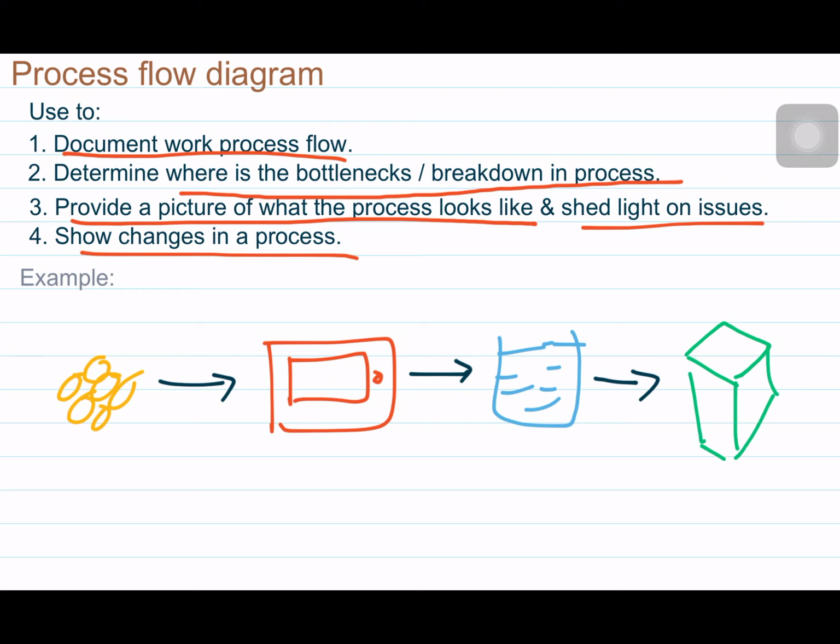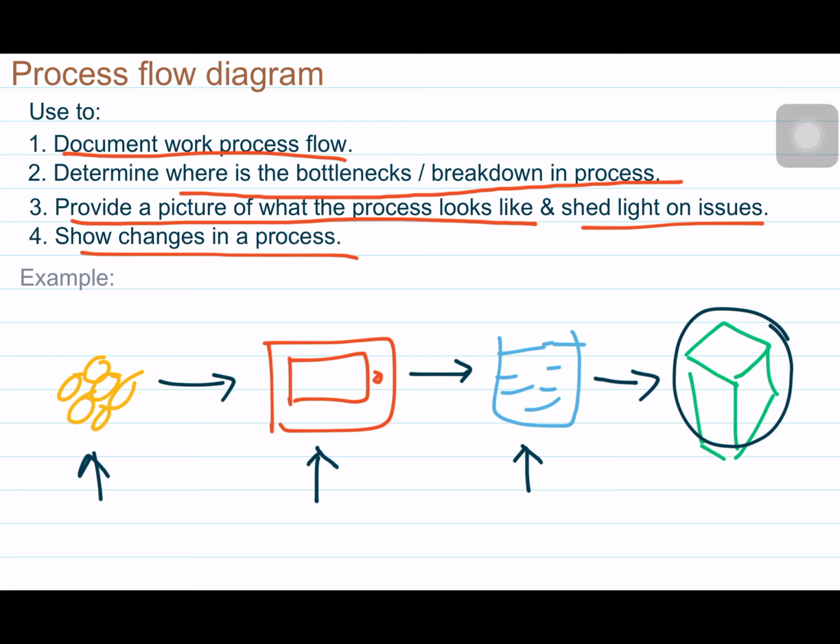So if we are having a problem here, like why our product is so bitter, just an example, maybe the source of the problem is here, or maybe the roasting temperature is too high, or maybe the brewing duration was too long.